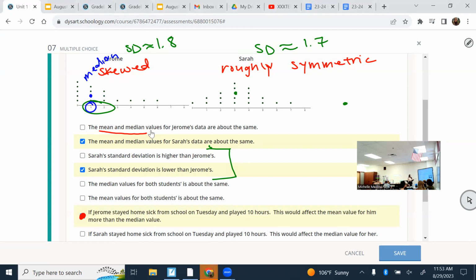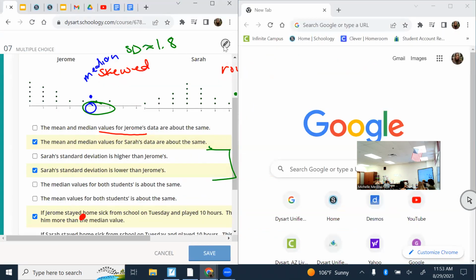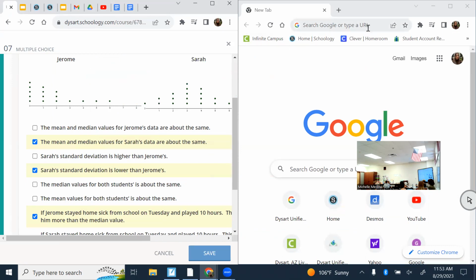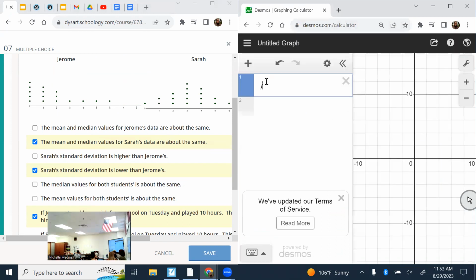But I'm going to show you Desmos real quick, and you need to know that for your test. So let's review that. Again, the standard deviations are hard to tell with these 2 data sets, so I will check. I would put both in Desmos. I would put J for Jerome.